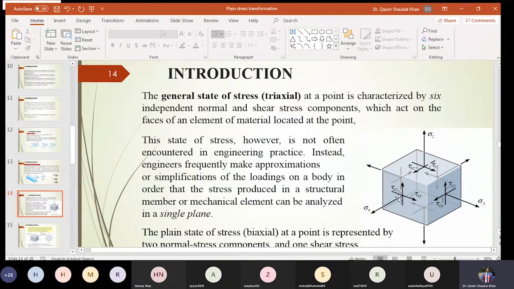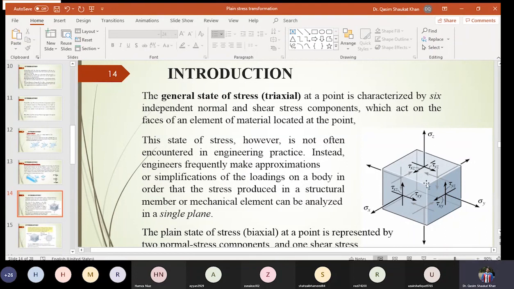So on this face you have one normal stress. Normal stress is represented by a single subscript. You can even represent it with a double subscript, but then it will be sigma x acting in the x plane along the x-axis, so it will be sigma xx. So the normal stress is sigma xx or just sigma x acting on this face. Is this point clear? If not, I can repeat it. So let me repeat it for the other dimensions.